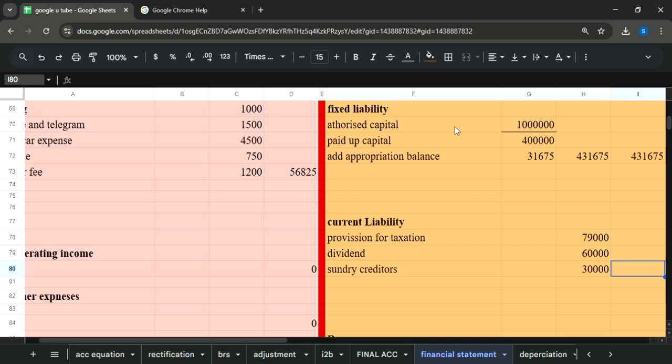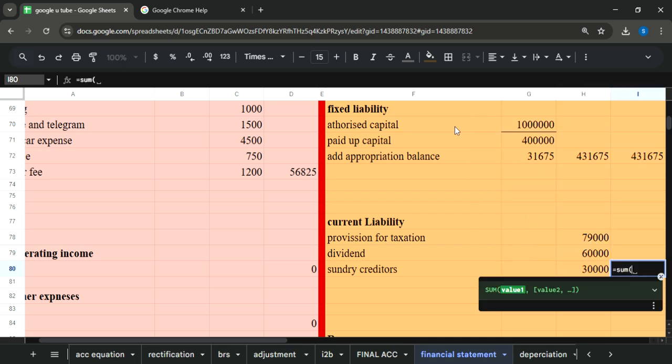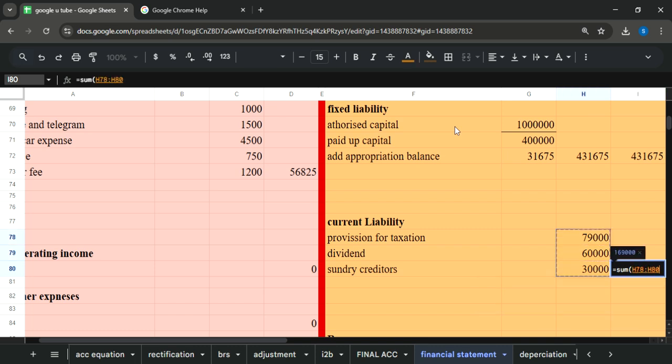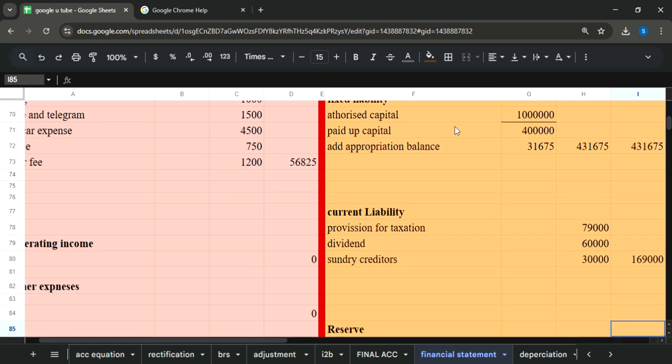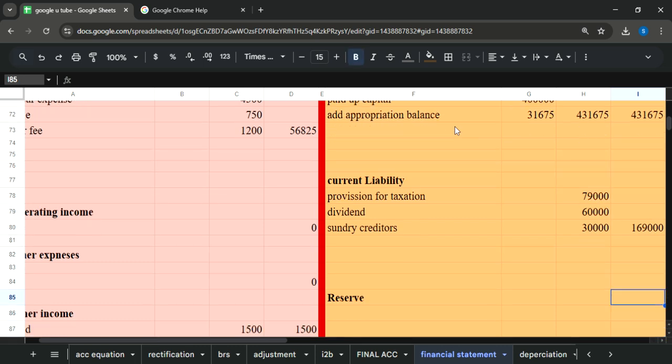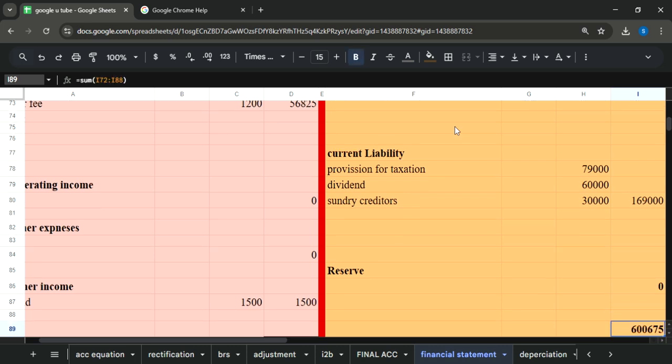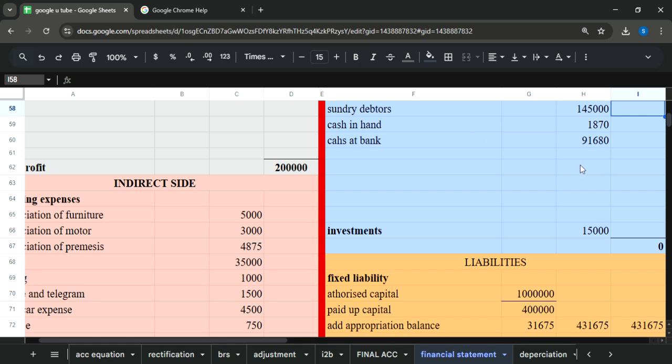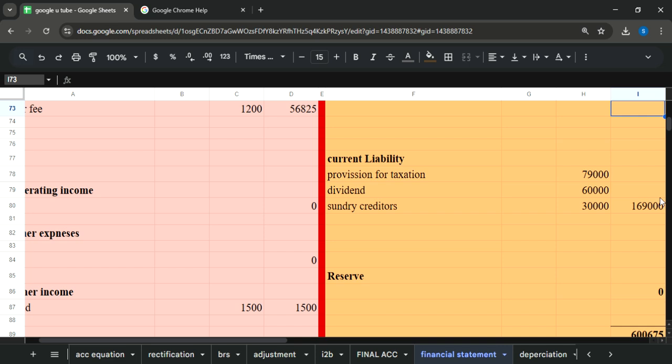Now you will take the sum of all current liabilities, two sums created, no reserves are present, so you may write 0 over here, and finally you will calculate the sum. There are three elements present: fixed liability total, current liability total, and reserve total, and we have got the sum of these three, 600,675.